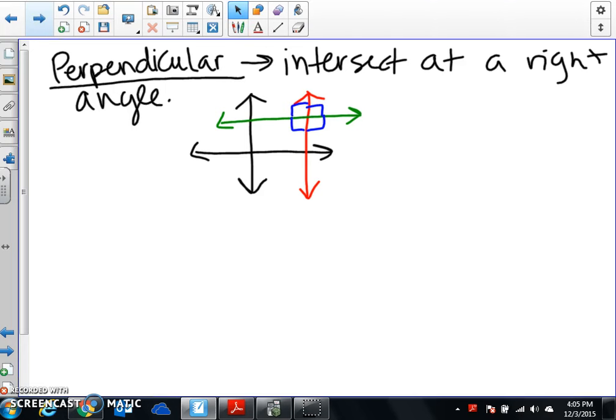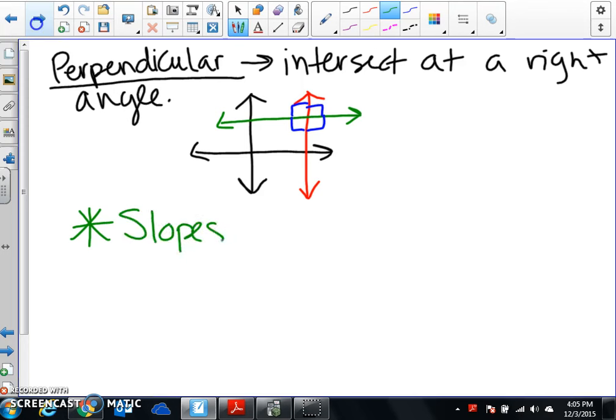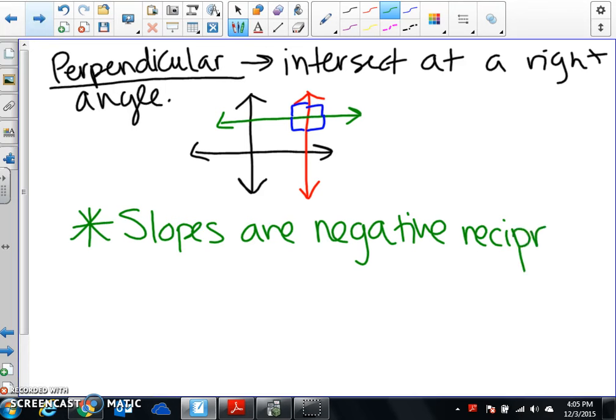Okay? In terms of algebra, the new stuff, slopes are negative reciprocals. For instance, if I have 3, its negative reciprocal would be, so the reciprocal would be 3 over 1, I flip it, so 1/3, and then it would be negative.